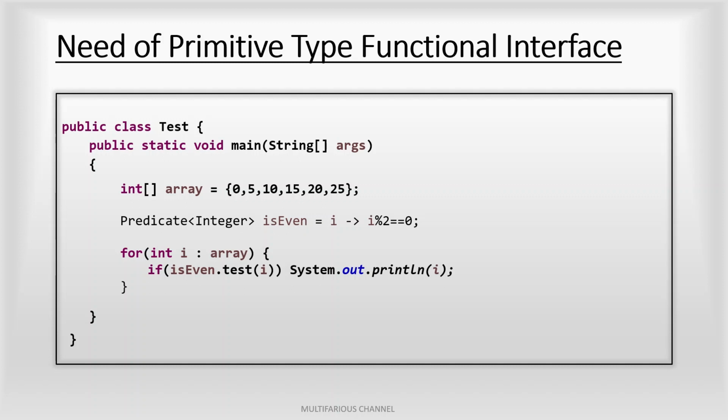To overcome this problem, primitive functional interfaces were introduced, which can always take primitive type as the input and can return the primitive type as the output. Hence, autoboxing and auto-unboxing won't be required, which can significantly improve the performance of the program.